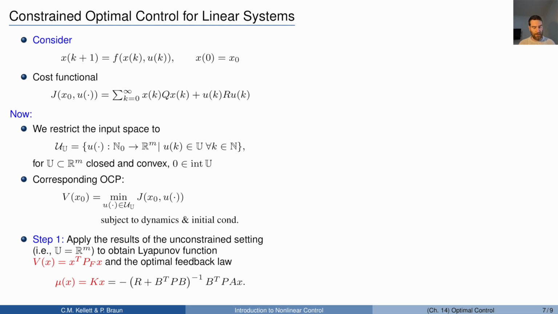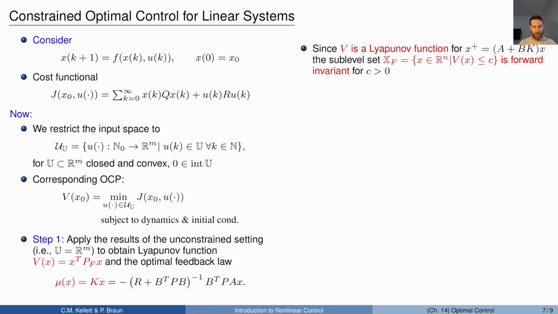We also know that in this case V here is a Lyapunov function, which gives us asymptotic stability properties.